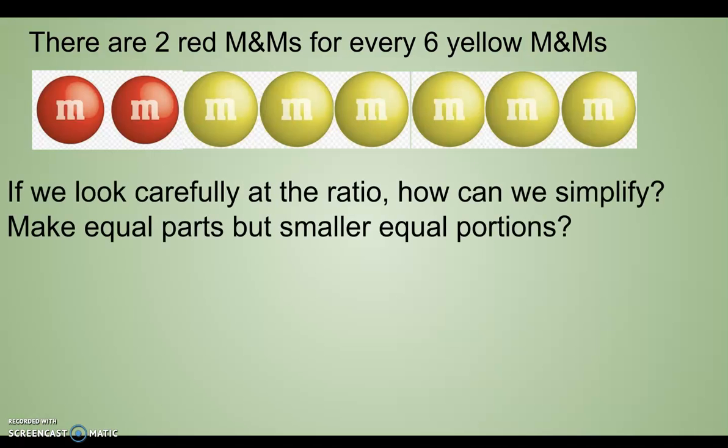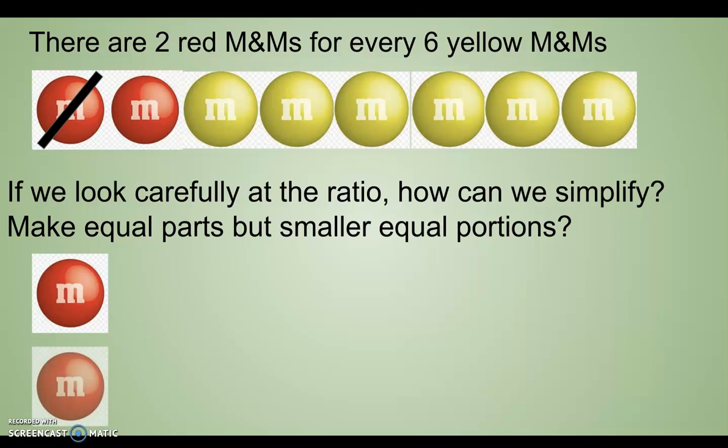But if we look carefully at the ratios, how can we simplify? That means, can we make equal parts, but in smaller equal portions? So yes, we could, and I could go like this. I could get 1 red M&M, then I cross that out, then I get my other red M&M, and I also cross it out. Now I have 2 groups.